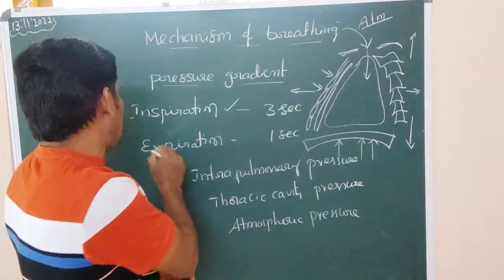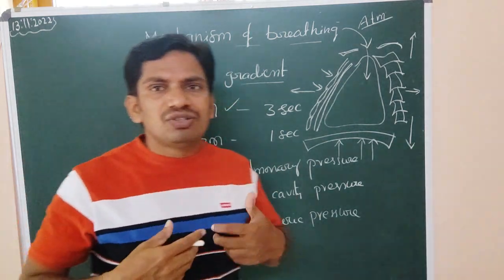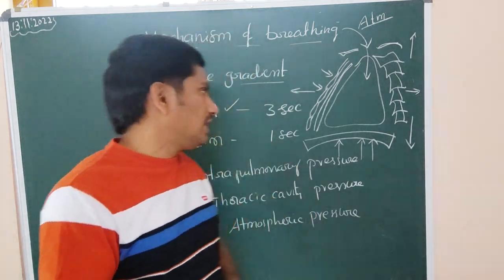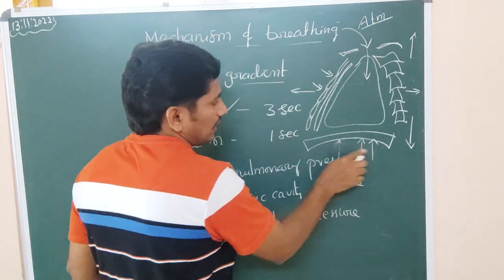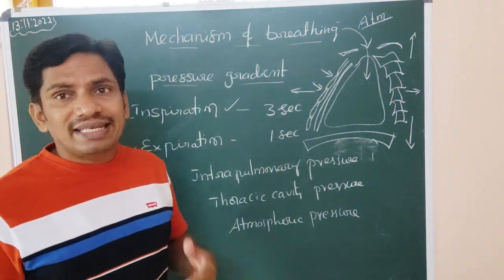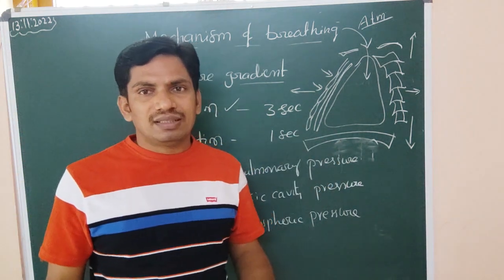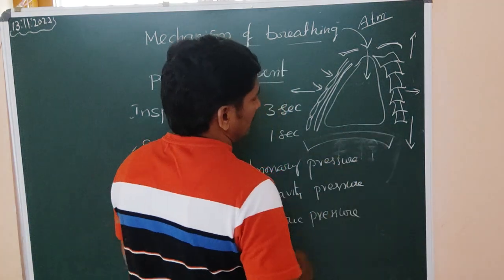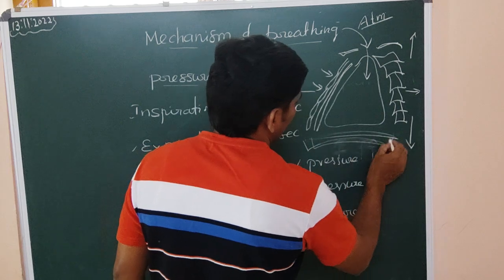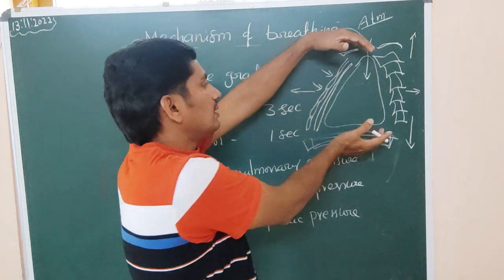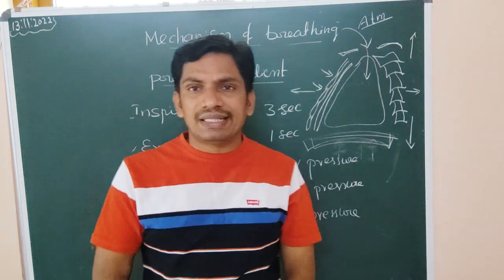Now, in expiration, air should move out, exhaling the air outside. For that, the diaphragm and rib muscles get back to the normal position. Its dome shape comes back to normal. Then automatically the chest cavity volume decreases.